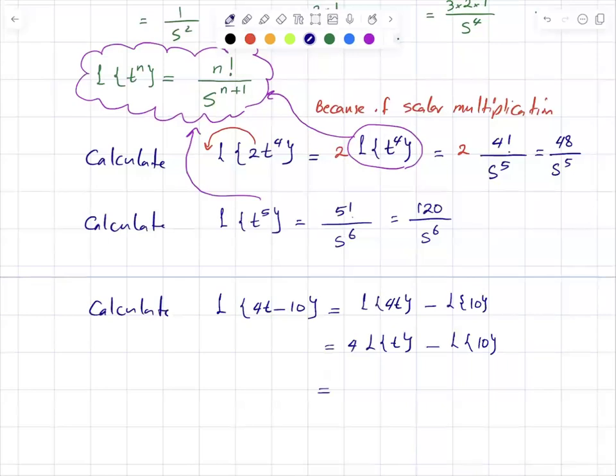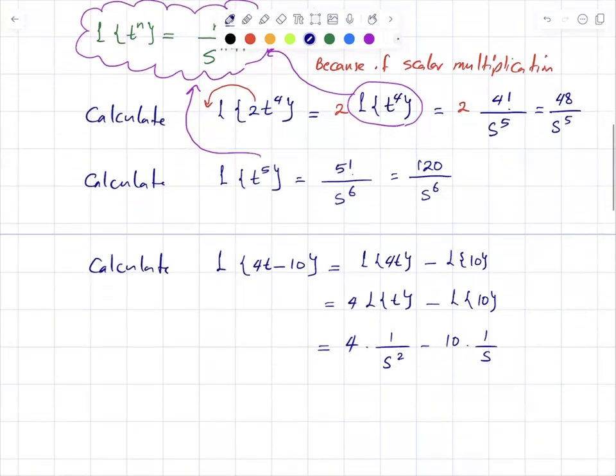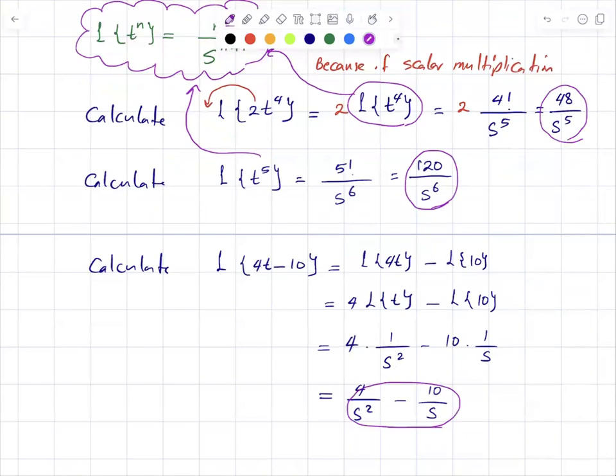This can be written as 4 times 1 divided by s squared minus 10 times 1 over s. So the Laplace of 4t minus 10 is 4 over s squared minus 10 divided by s. Let's circle each one of these so you know what we did. You can continue this process.